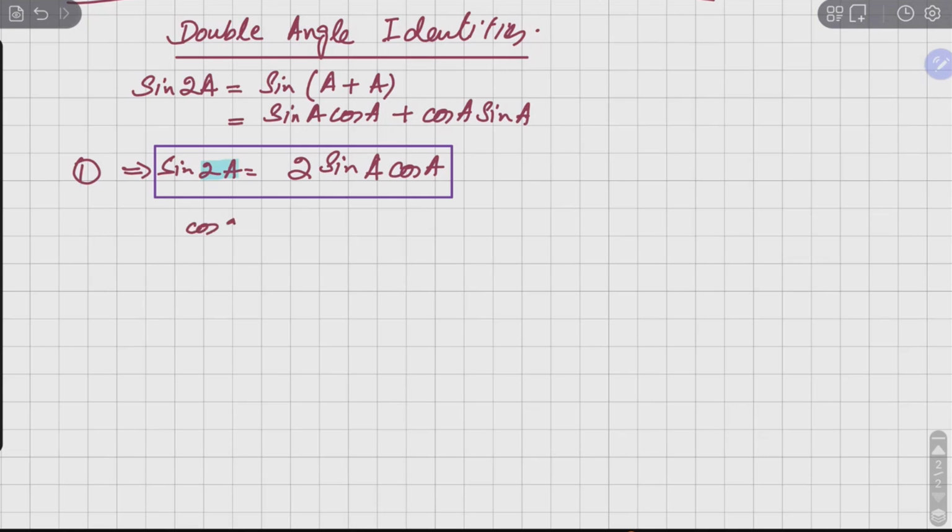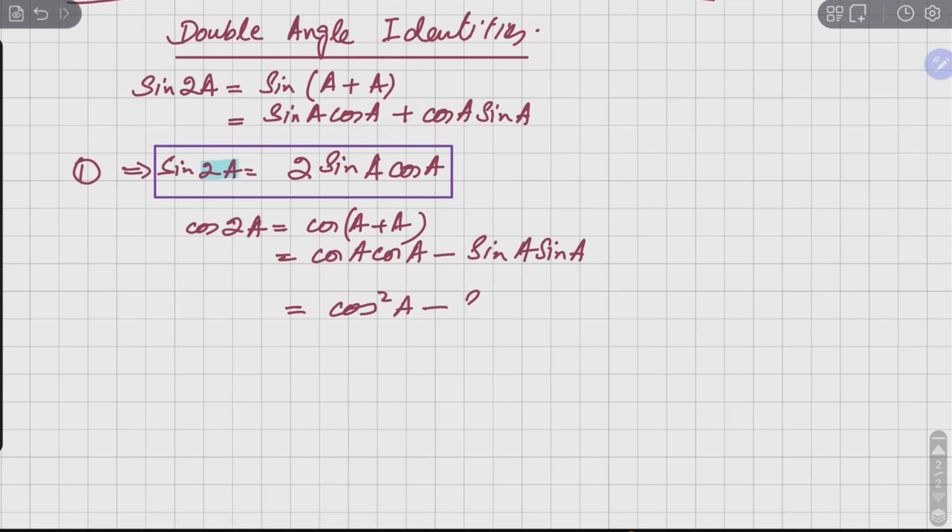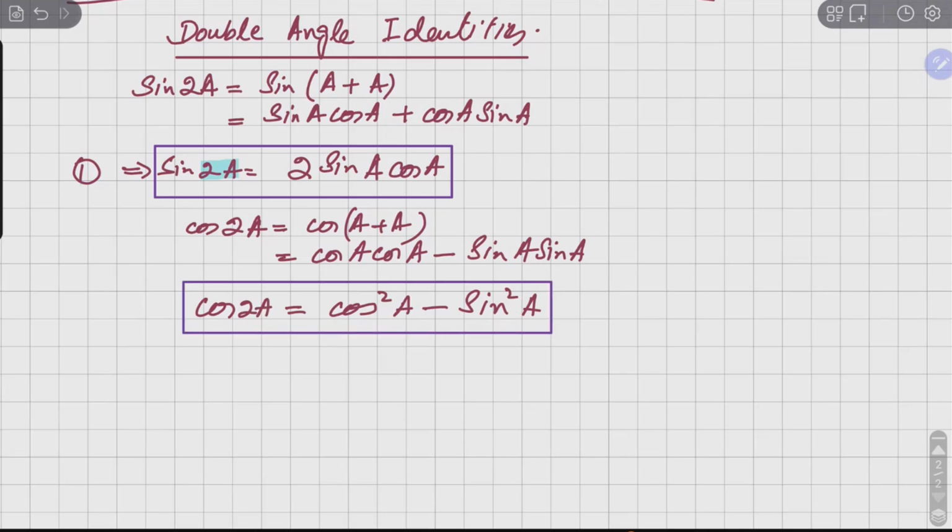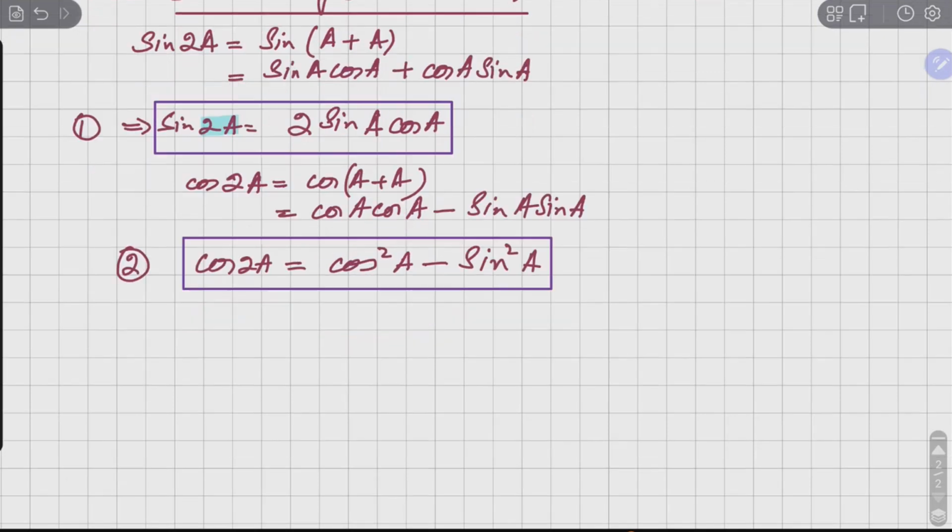Likewise, cos of an angle 2a, and we follow the same method. Cos a into cos a minus sine a into sine a is cos square a minus sine square a. This is cos of 2a. This becomes our second formula. From the second formula, we can make different identities.